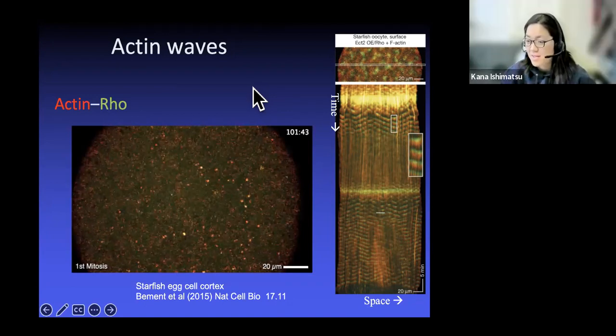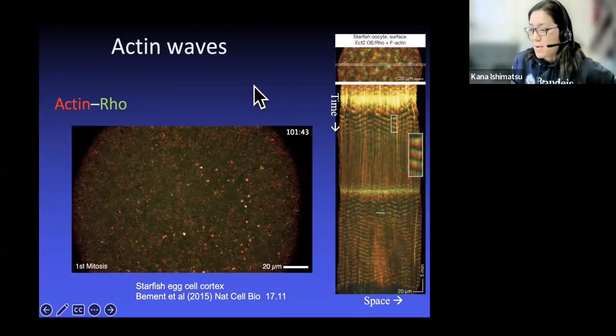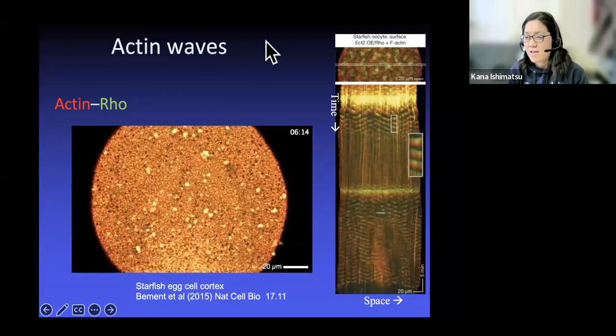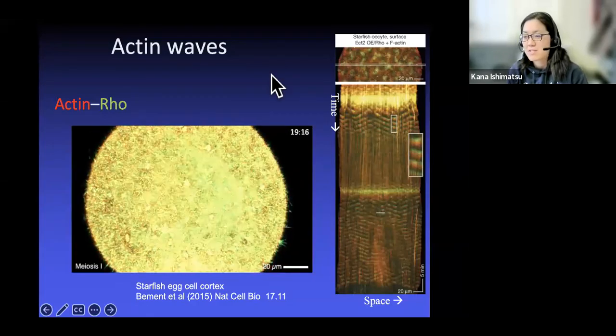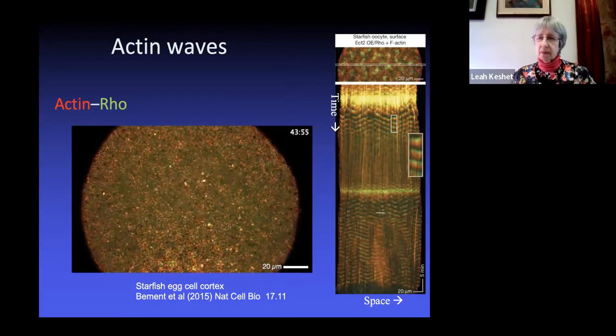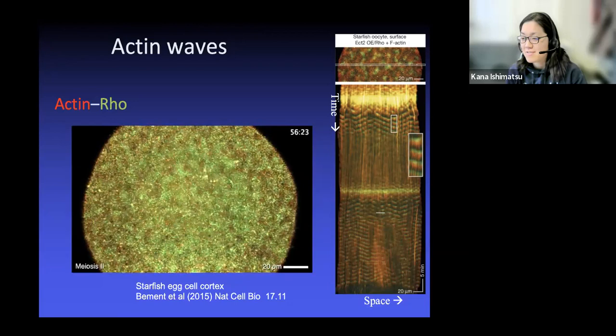Questions? I have a very biology question. Yes. So I understand this F-actin dynamics has some role in motile cells, but what is it doing in the egg cells? Aha, okay.